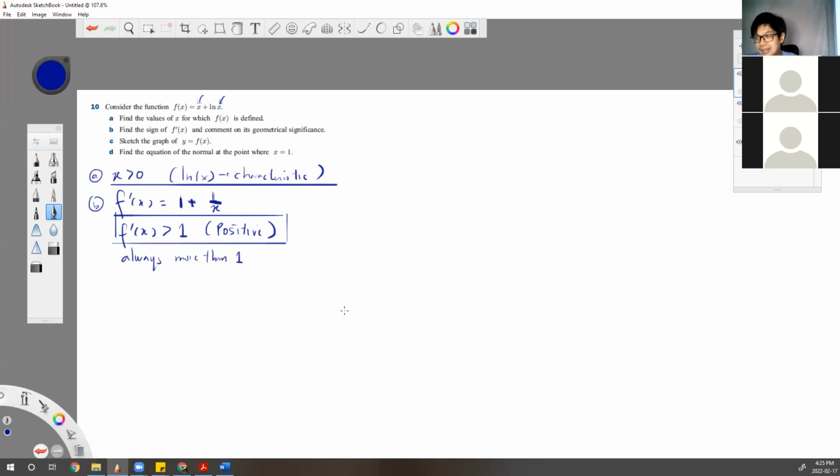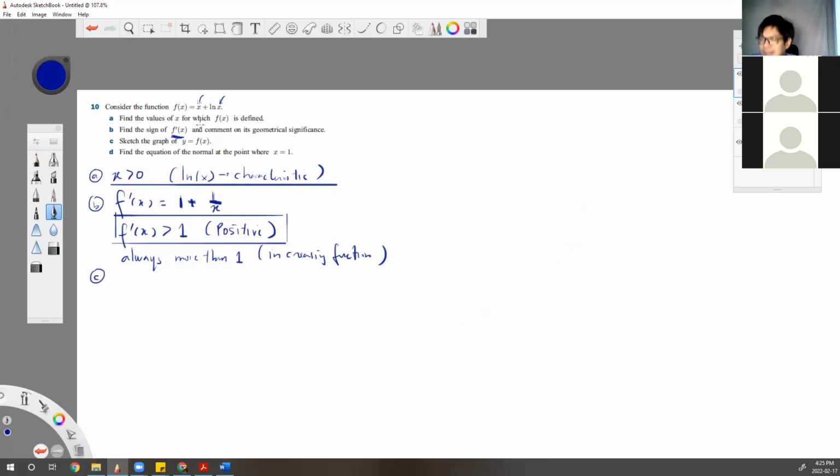The gradient is always increasing, right? Because f'(x) is the gradient, not the y. Careful, you need to know that f'(x) is the gradient, an increasing function. So the graph will be like this, always increasing and never going down, right? If you want to prove it, you can prove it later.